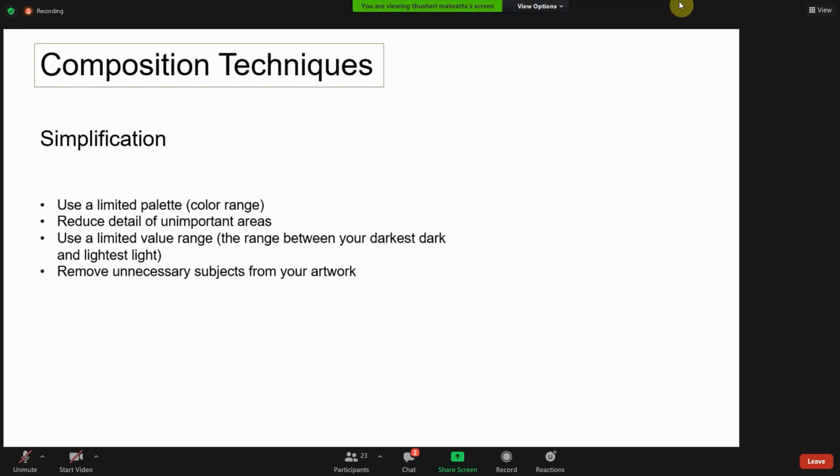This is very important because even in those pictures we saw, there was not much stuff in one image, just one subject, one or two. That's it.